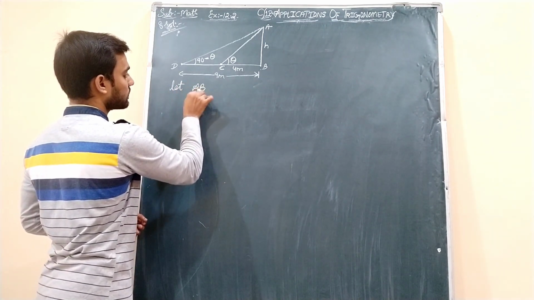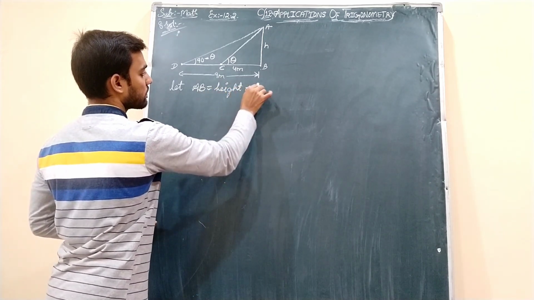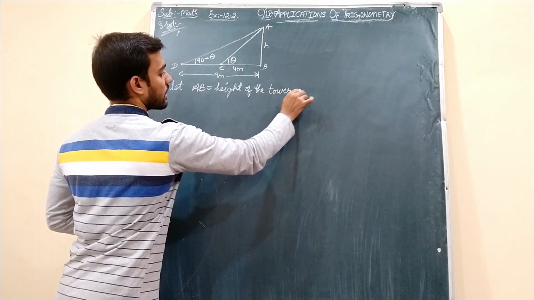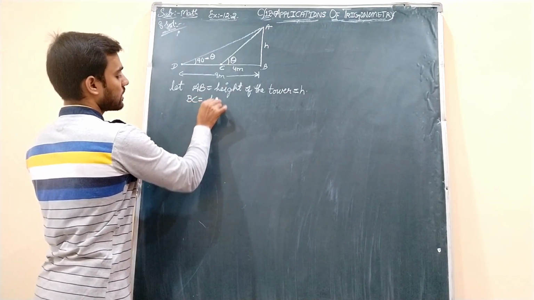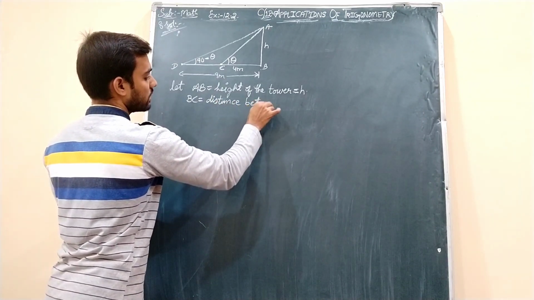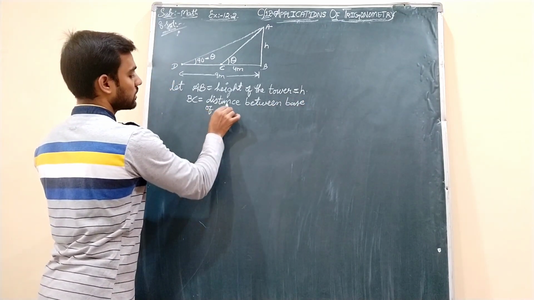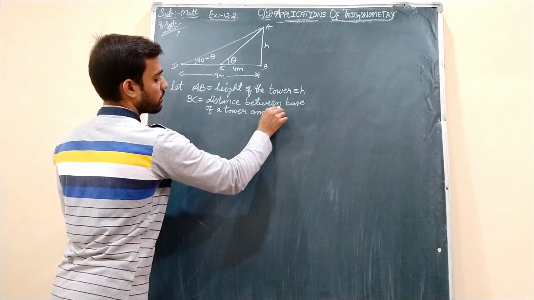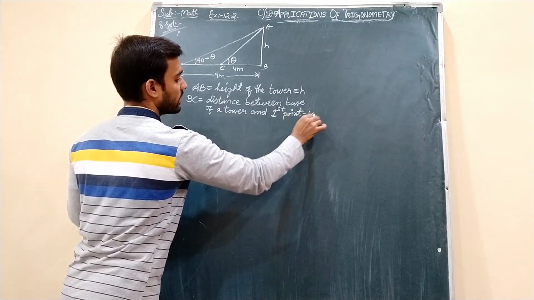So let us write the considerations. AB is the height of the tower. Students, the height of the tower we have taken as h. BC is the distance between the base of the tower and the first point, that is 4 meters.